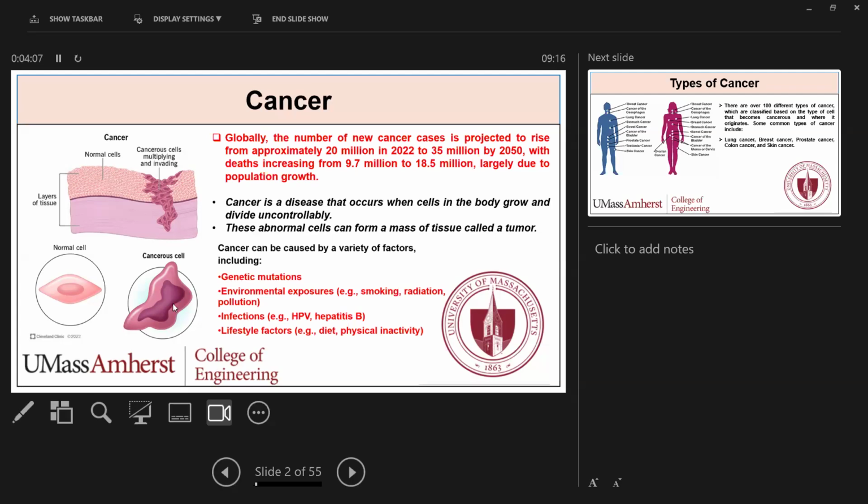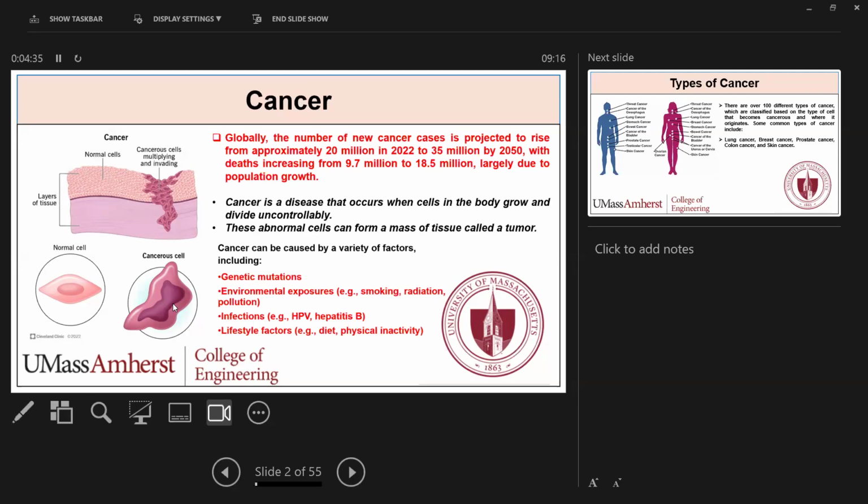Only if the cell is in a proper structure does it perform its duty, whatever it is assigned to. If it is not in a proper shape or structure, the entire function of the cell will be disturbed. Eventually, it leads to a lot of mutations and disorders. So these abnormal cells can form a mass of tissue called a tumor.